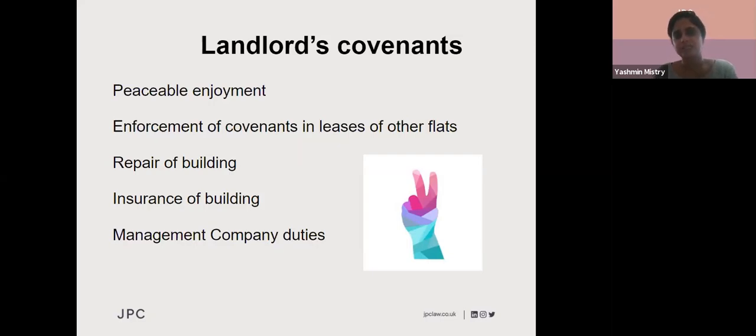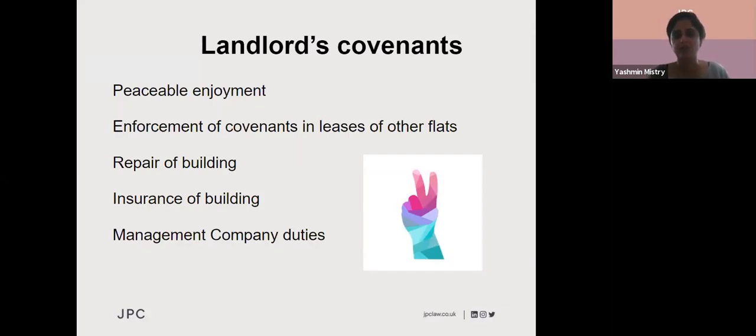And security in this context essentially means paying the landlord's costs for enforcing the breach of lease terms, or the alleged breach of lease terms, if that makes sense. So that's quite a useful tool when leaseholders are complaining about other leaseholders being in breach of their lease.